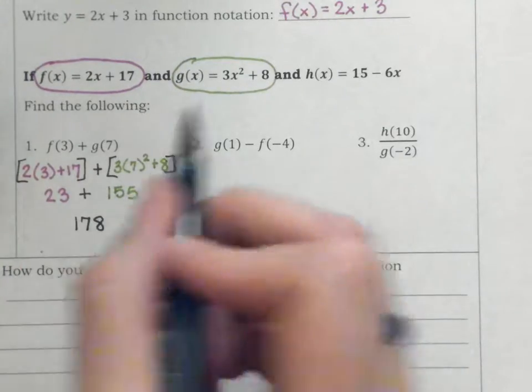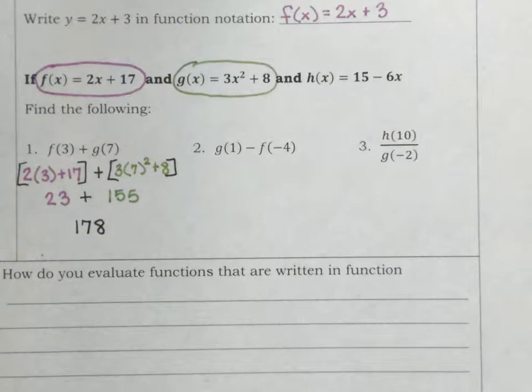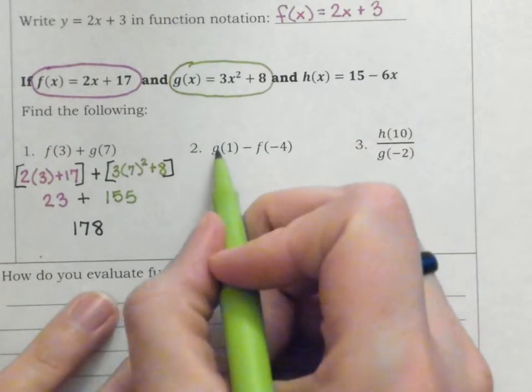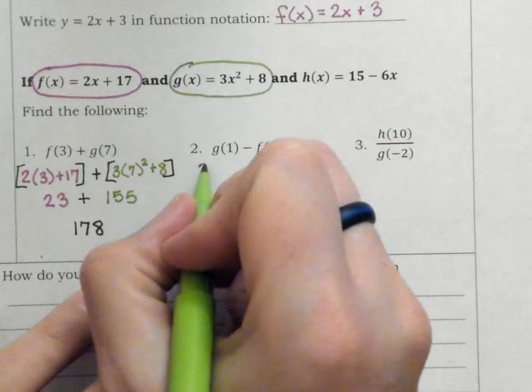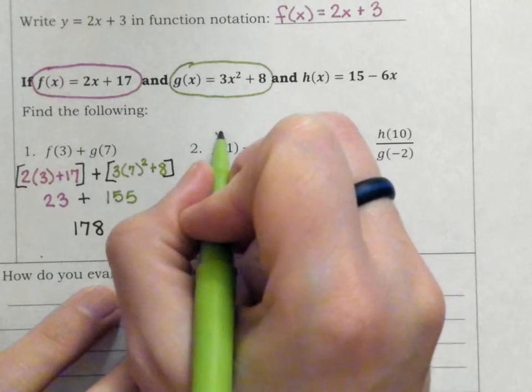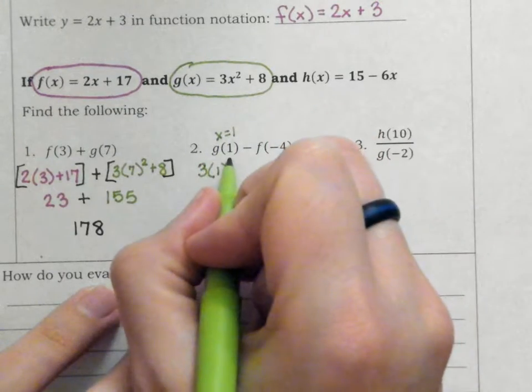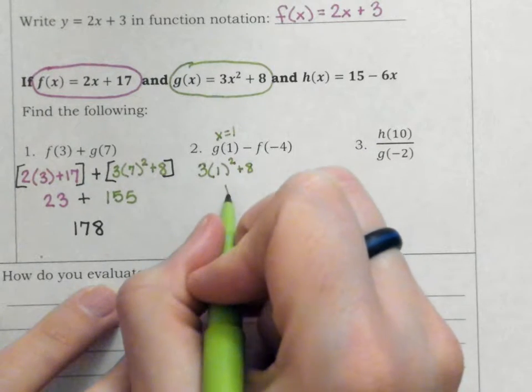We're just plugging each of them in and doing whatever it says. So this next one, we're using g again. So g is the green one. 3 parentheses 1. We're replacing x with 1: 1 squared plus 8. That gives me 11.